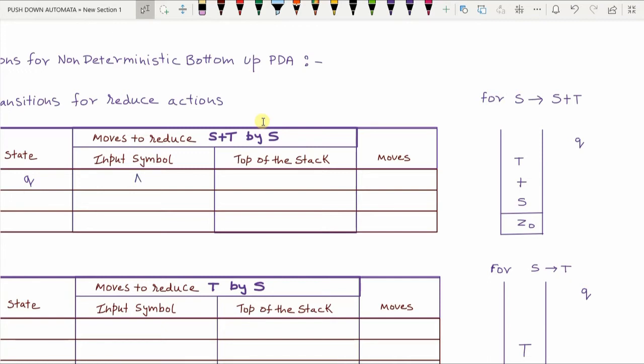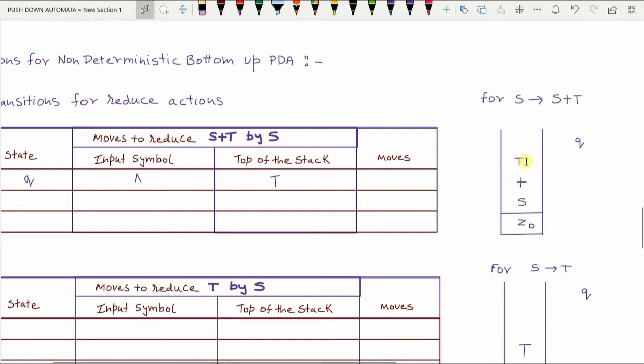Now looking at the figure, which state are we in now? We are in state Q. The input symbol is not read because we are doing the reduce actions. Now what is there on top of the stack? See here, T is on top of the stack. Now what move are you going to take?